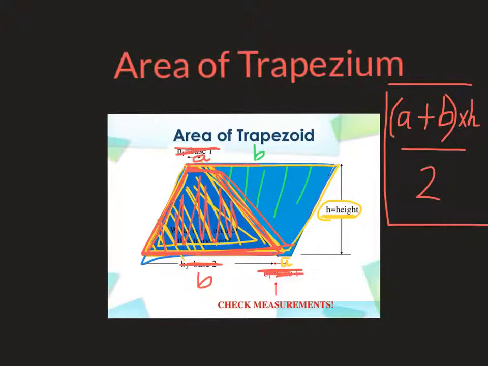A plus B times by the height divided by 2, or half of A plus B times by the height. That's where A is the measurement along the top of the trapezium, and B is the base measurement along the bottom.